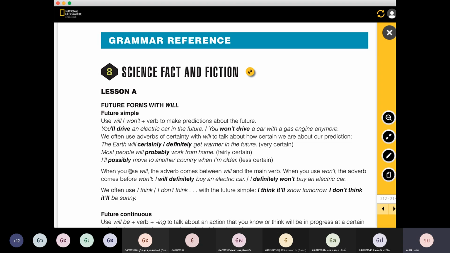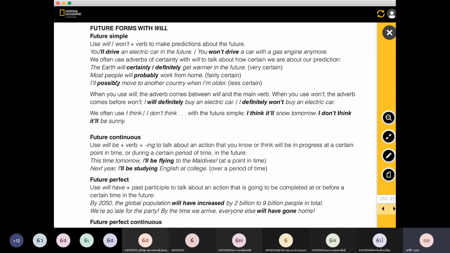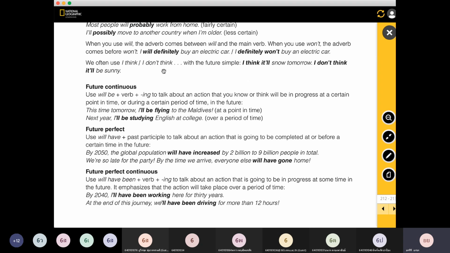You can also use expressions like I think or I don't think. In informal situations, we use I think and I don't think to express whether you feel certain or uncertain about things. So you can combine that one.